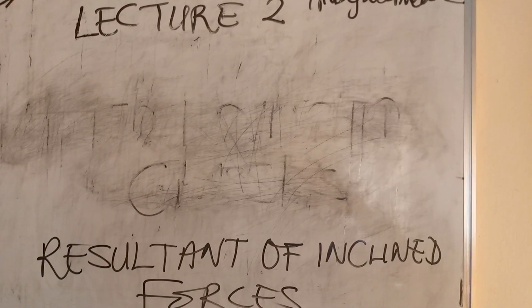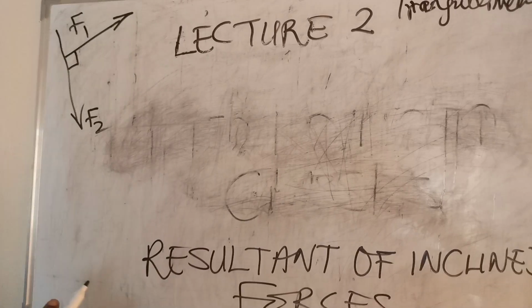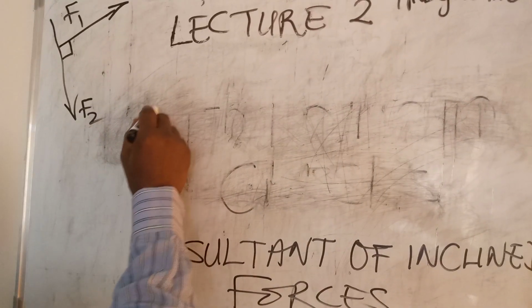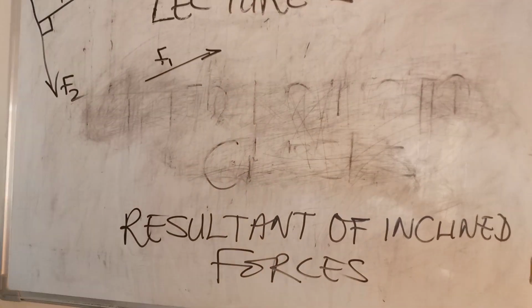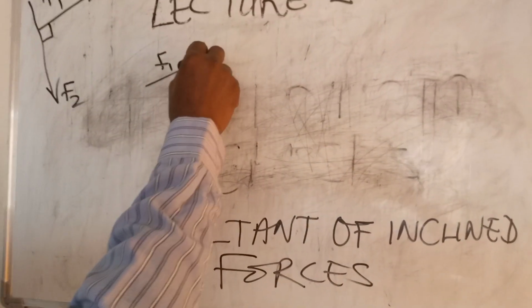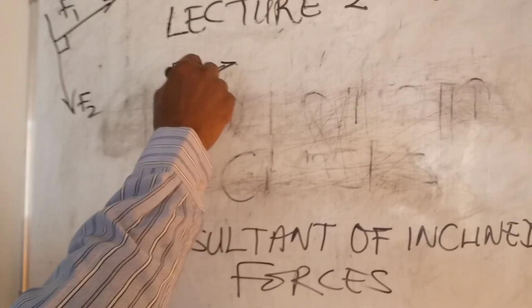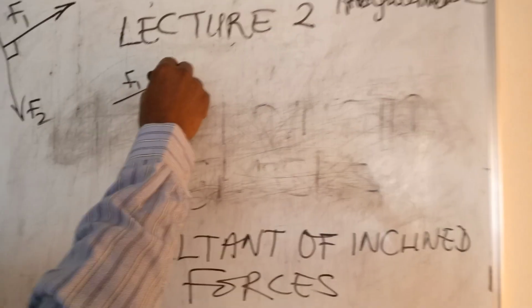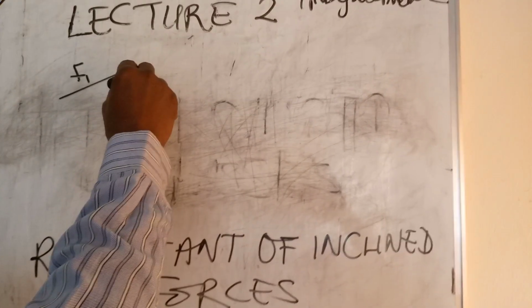What we do is to bring down and sketch the forces. Let's sketch force 1, F1, this way. We now bring force 2 from where the F1 stopped. Force 2 takes off from where the F1 stopped, maintaining its orientation.